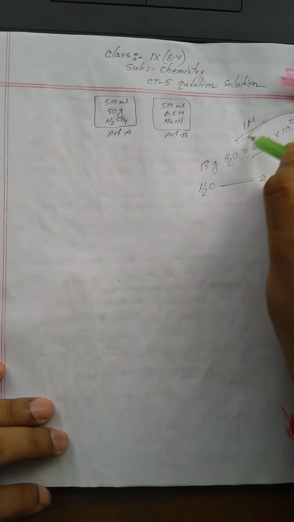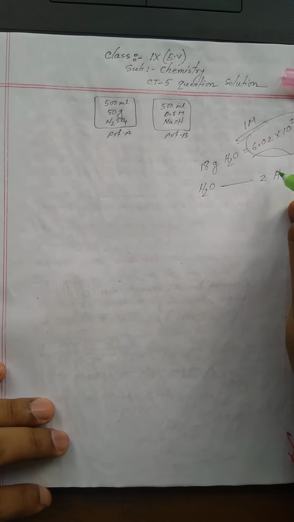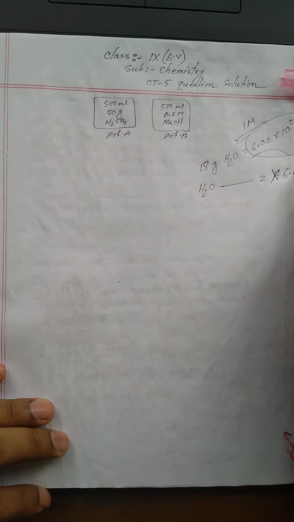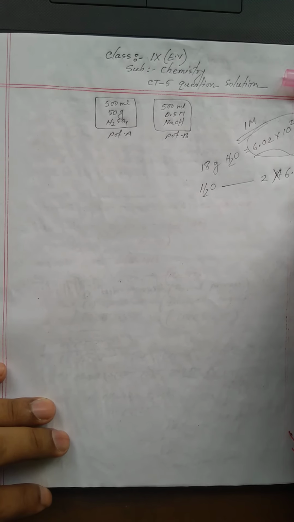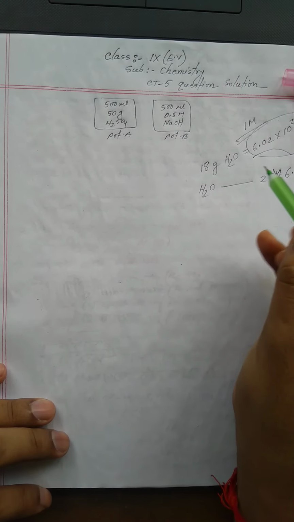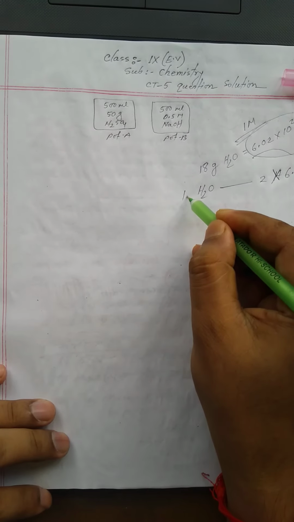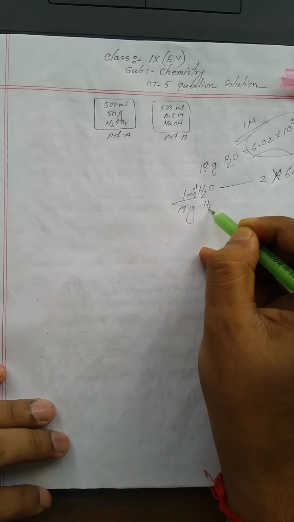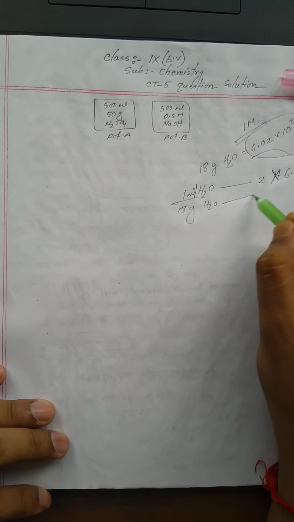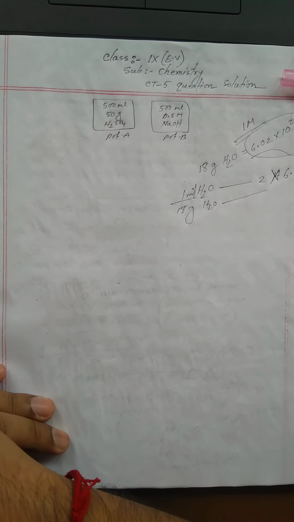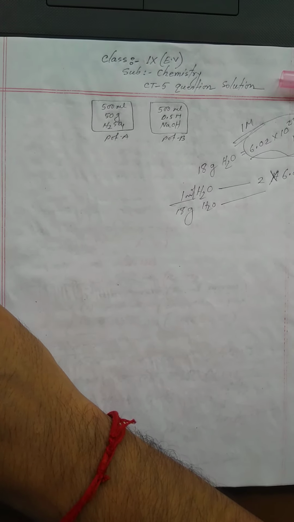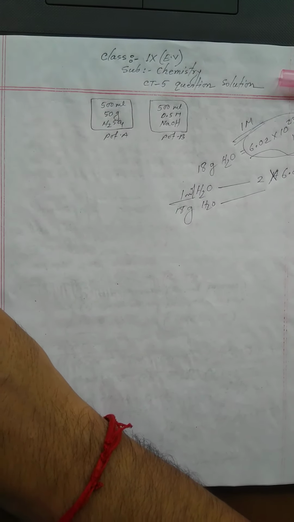and this amount will be 2 into 6.02 into 10 to the power 23 of hydrogen atoms. This is 1 mole, or 18 gram H2O contains 2 into 6.02 into 10 to the power 23 number of hydrogen atoms.